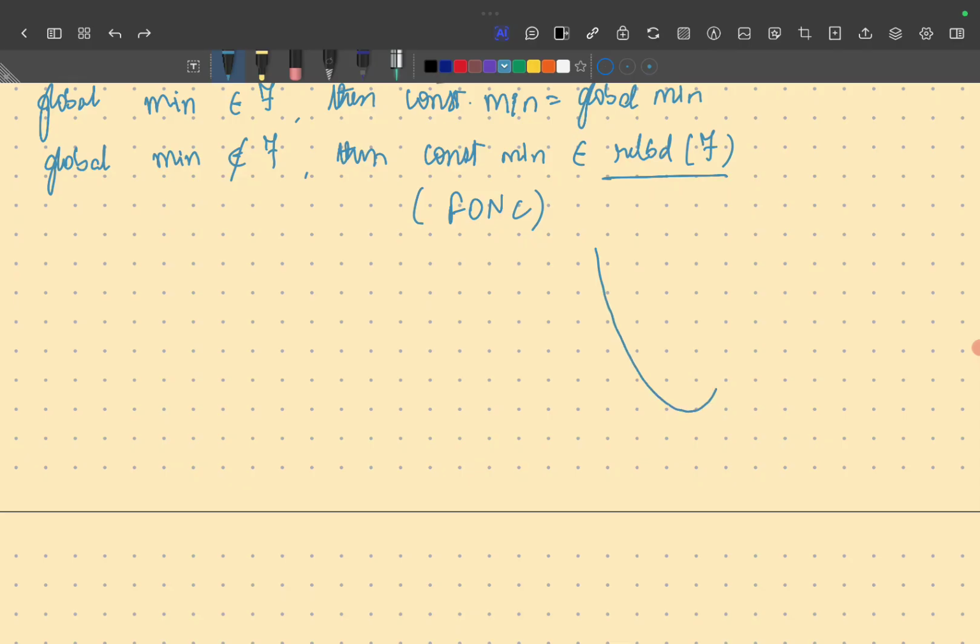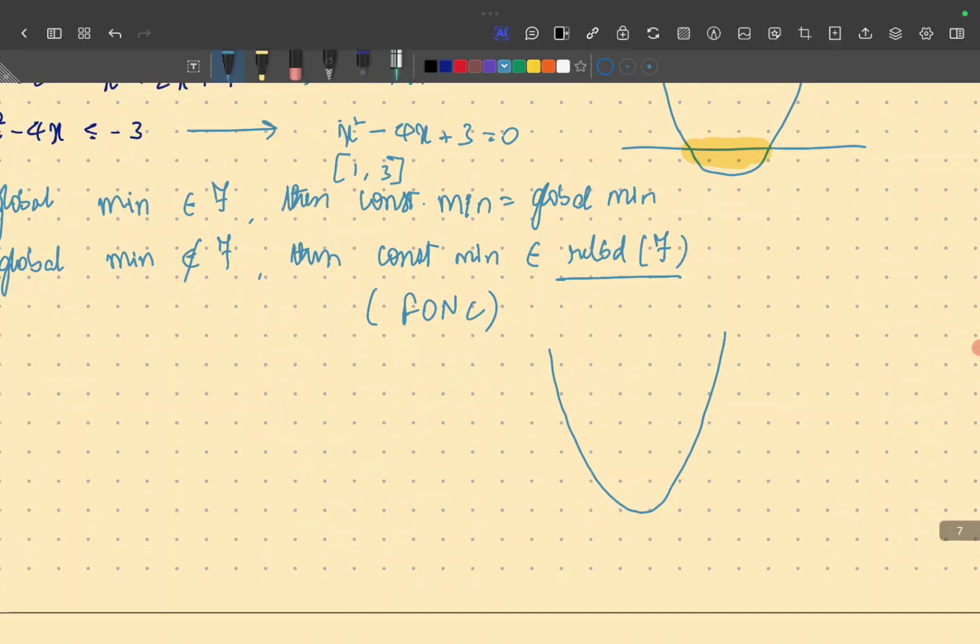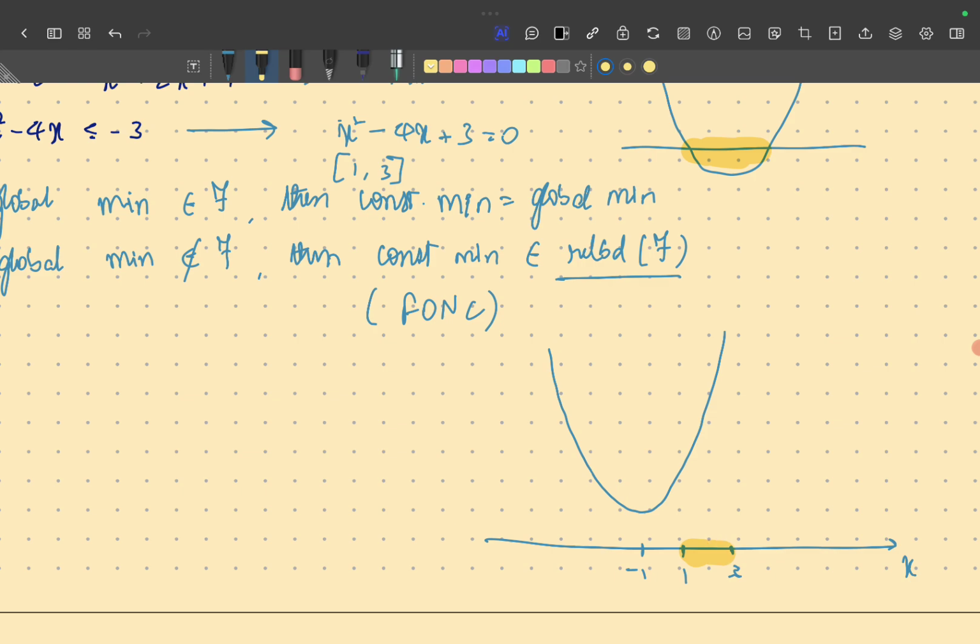So the function looks something like this. Minimum value is 3. So this is x, this is -1, and the interval is 1 to 3. That's the constraint set.